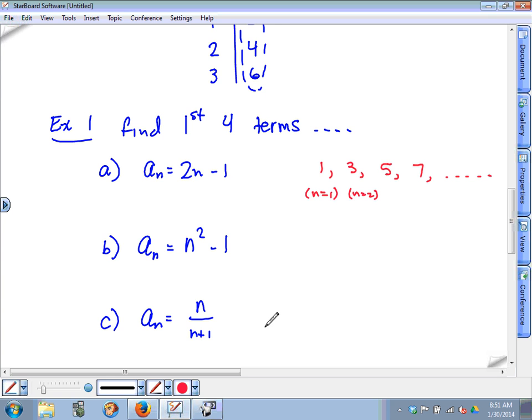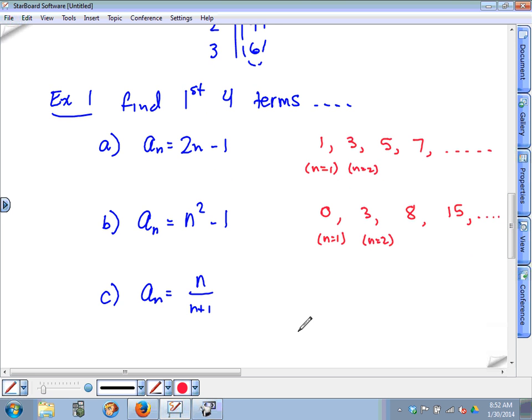What about part B? 0, 3, keep going. 8, 15, okay. That's found the exact same way. The first term of a sequence is where n equals 1. Here's where n equals 2, and so on and so on.